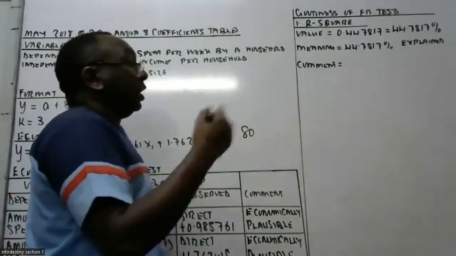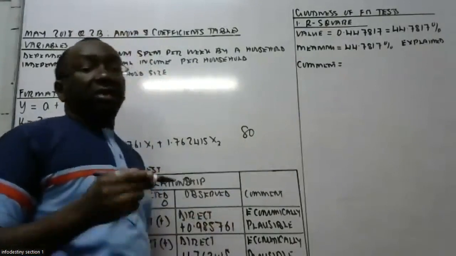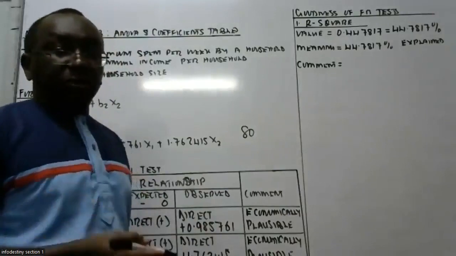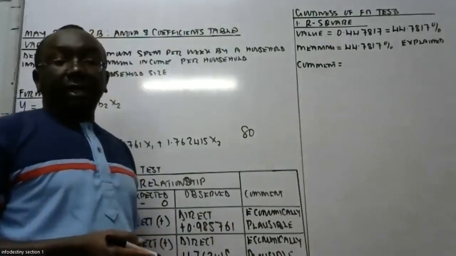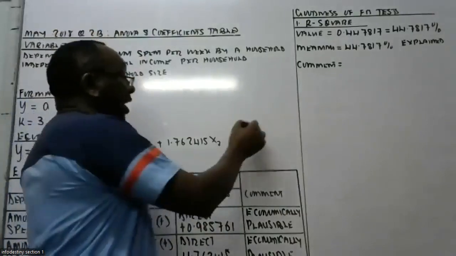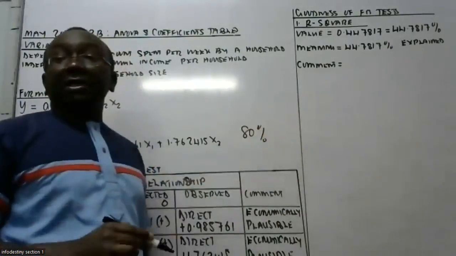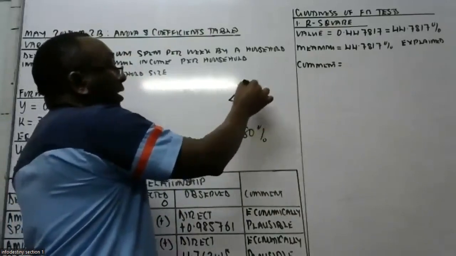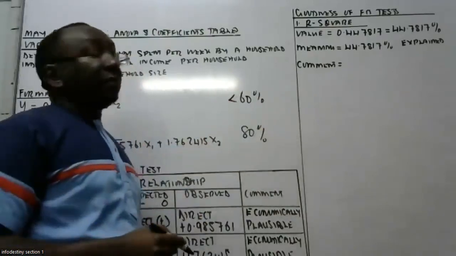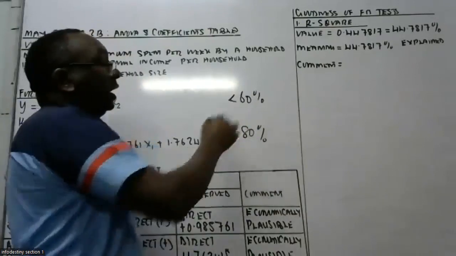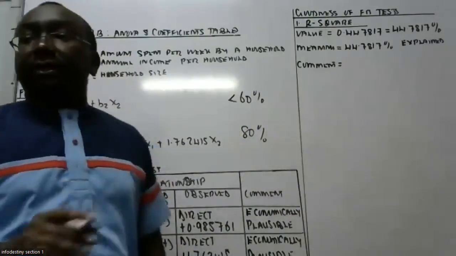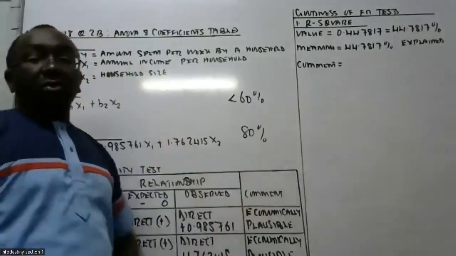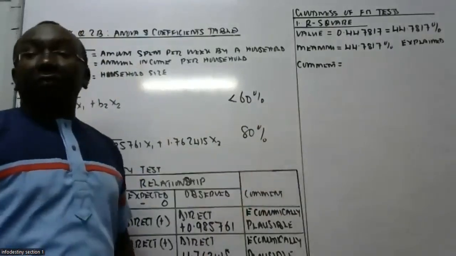Maybe I should have said it is within the region of rejection, because it is below 60%. But I'm saying you should accept a relationship that is at least 80%. And a relationship that is less than 60%, you should reject. But in between 60 and 80, you can accept at your own risk. But here in the 80, you can go on with a bit of confidence.